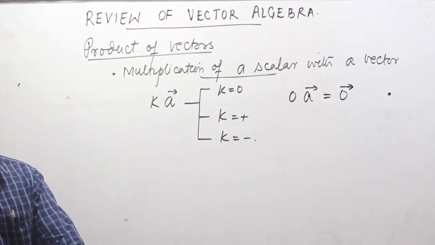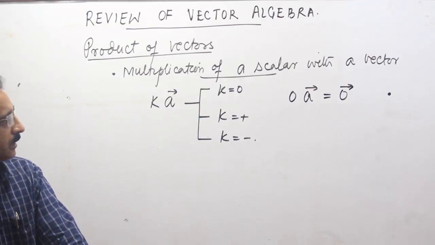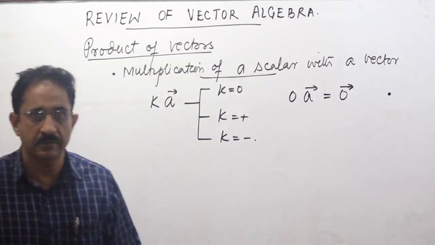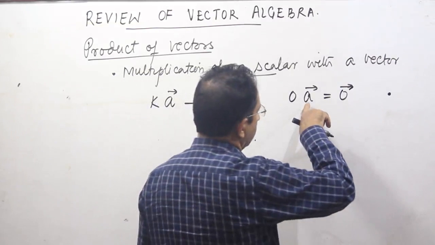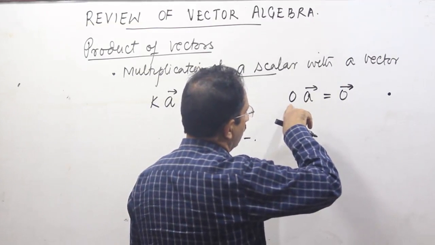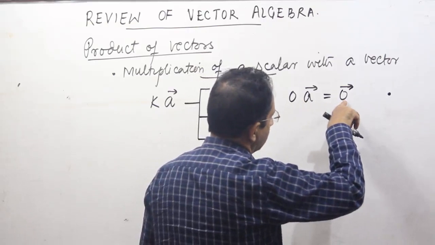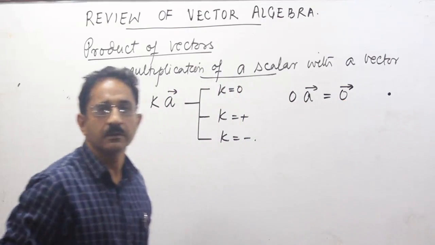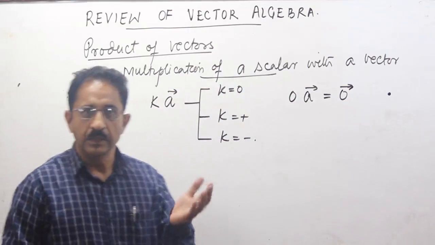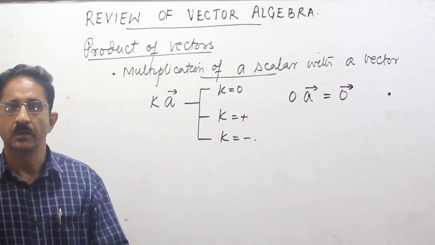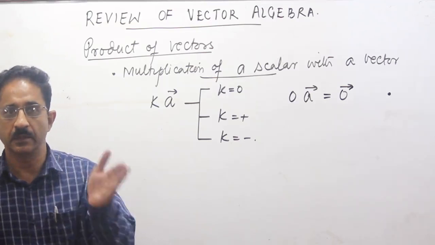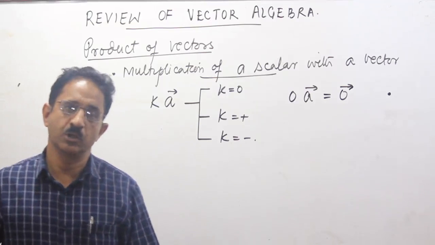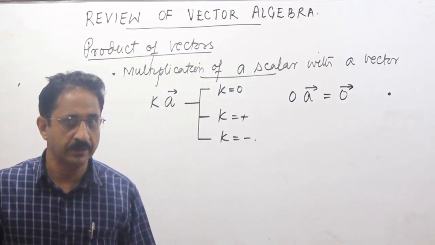That means it will be represented by a dot, but it still has an arbitrary direction. Even if its magnitude is 0, it has an arbitrary direction. Like if I multiply 0 to vector A, it takes the direction of vector A. Similarly, we will see its importance when we talk about the cross product of two parallel vectors. If we take the cross product of A and A, it will become a zero vector.